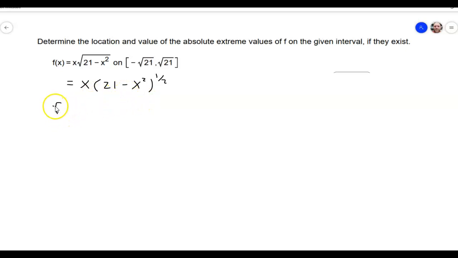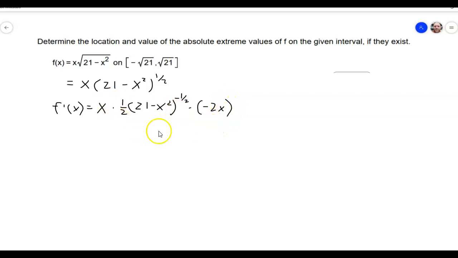So f prime of x is going to be the first value times the derivative of the second value. I'm going to use the chain rule on that. So the derivative of the outside, you pull the 1/2 out front, 21 minus x squared, subtract 1 from the exponent, and then times the derivative of the inside, so times negative 2x.